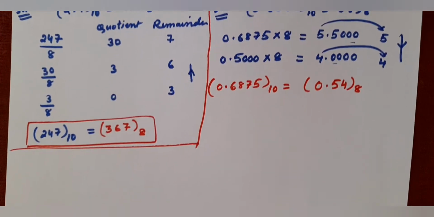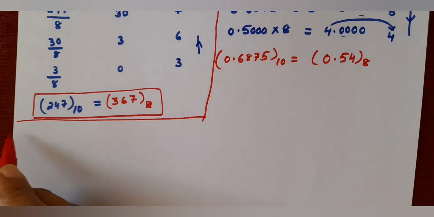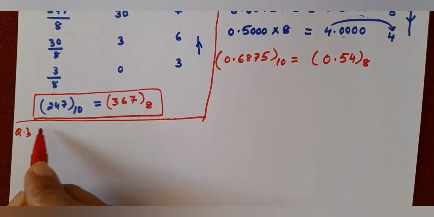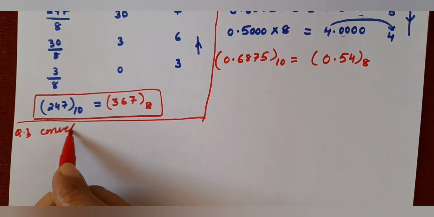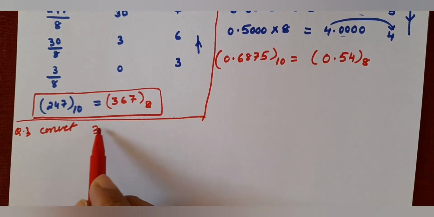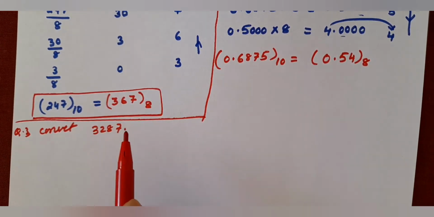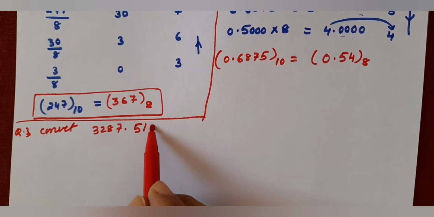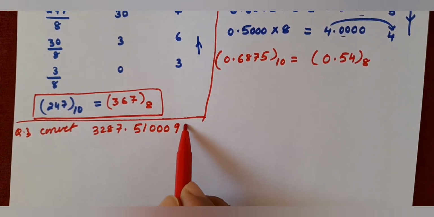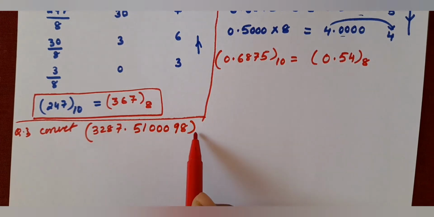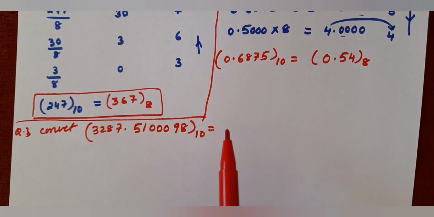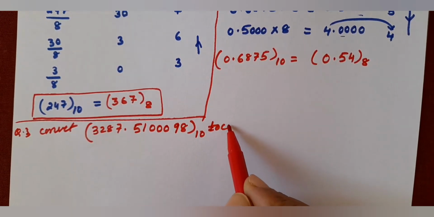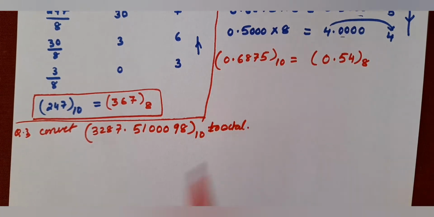Convert 3287.510098 decimal to octal. You have to convert it into octal form.